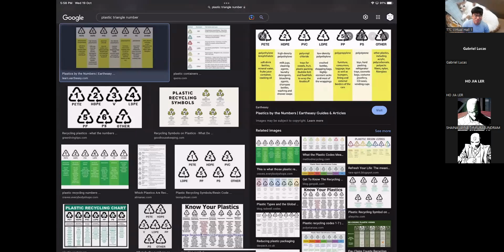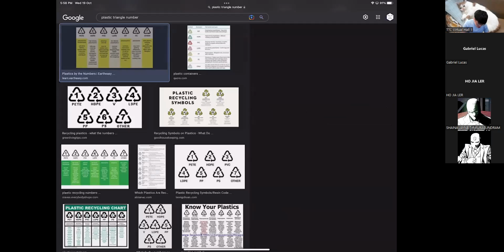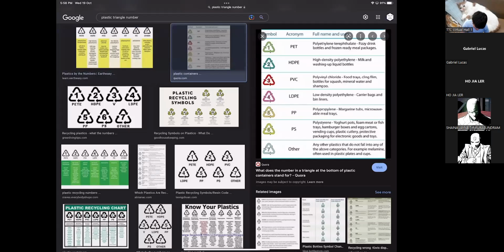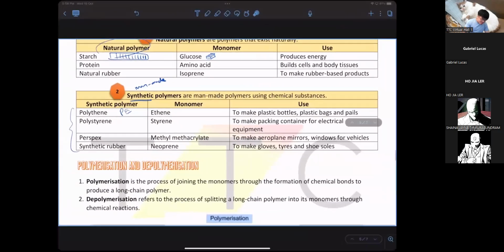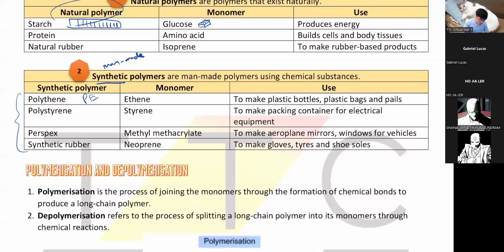Anything plastic, you will see this triangle, because it tells you how to recycle it. As I said just now, polyethylene is called PE, but it's not mentioned here, I think. And of course we have PVC, PP, PS, things like that. So you just need to know what their uses are.